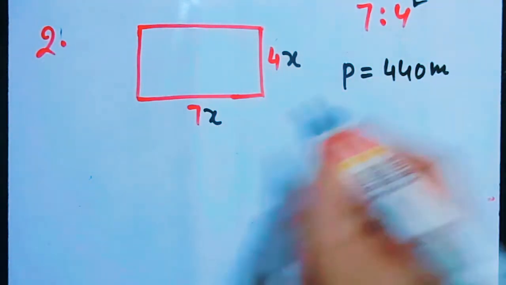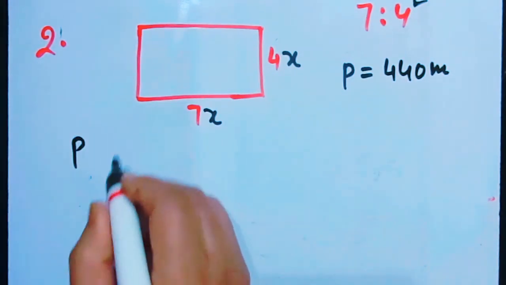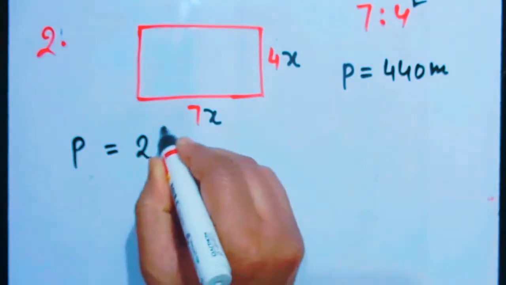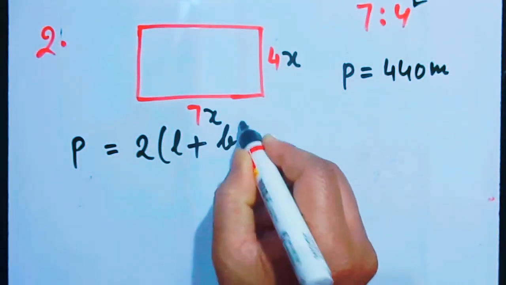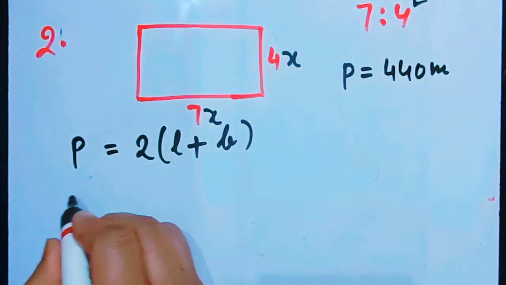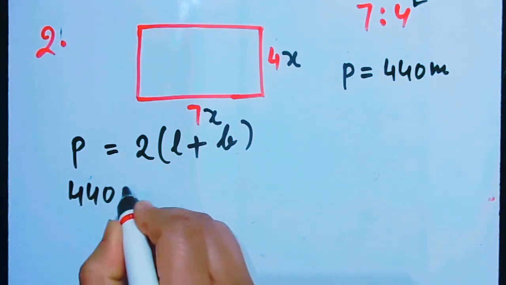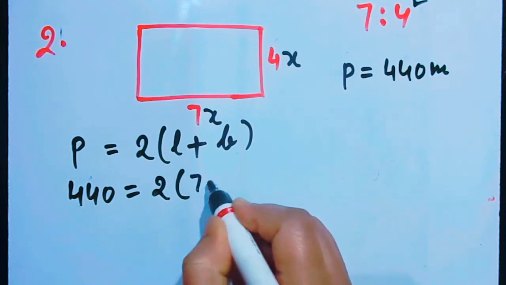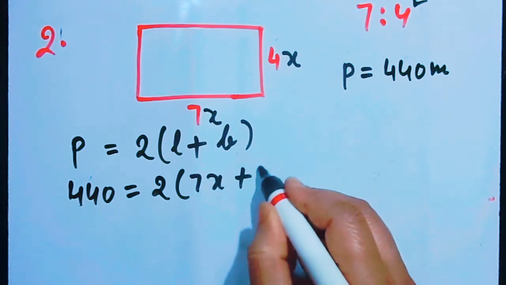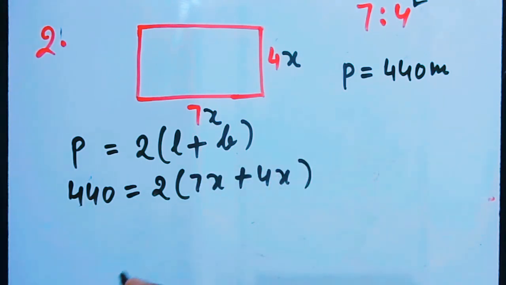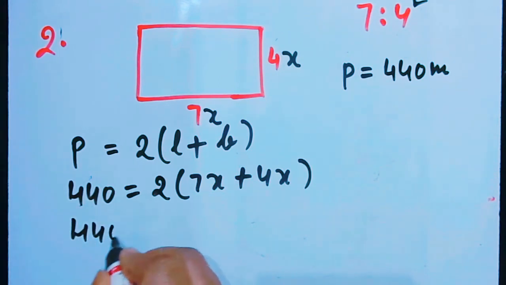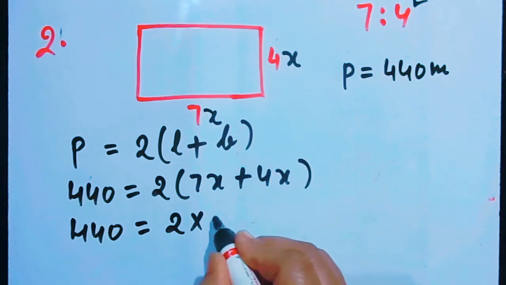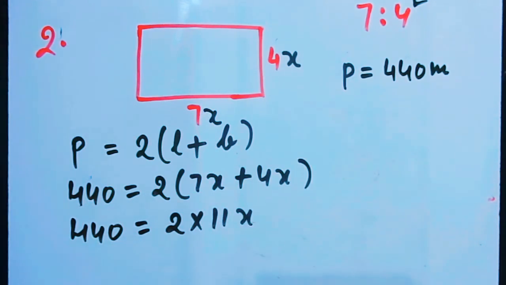Fine. And I know the formula that perimeter is equal to 2 times (L plus B). This means 440 is equal to 2 times (7x plus 4x). So let us solve it. 440 is equal to 2 times 11x.